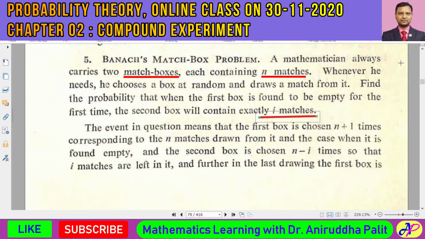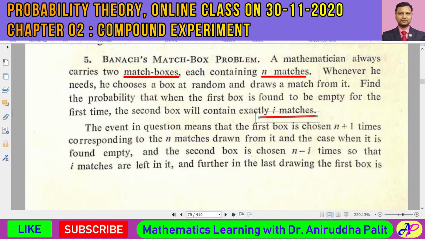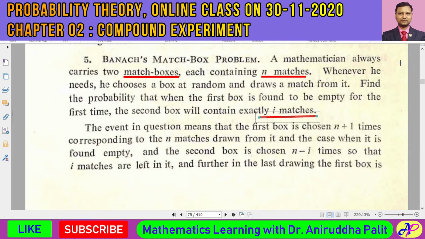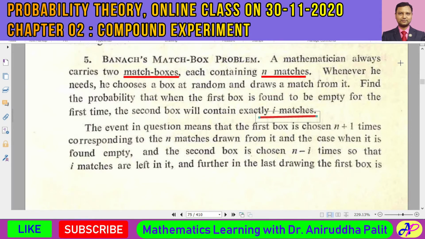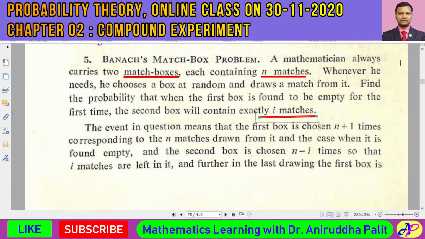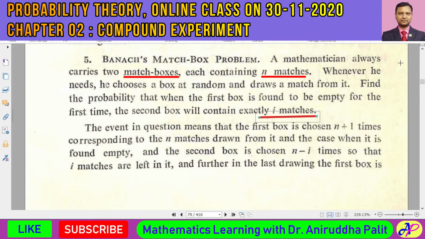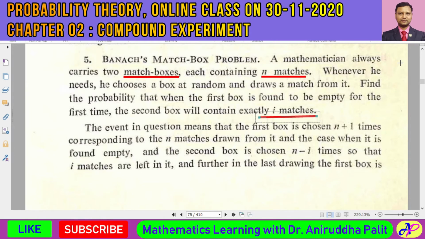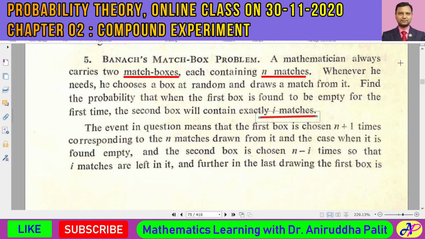So we can consider the drawing of the first matchbox as success and the drawing of the second matchbox as failure. Success and failure are actually technical terminology. We define the drawing of the first matchbox as success and the drawing of the second matchbox as failure.